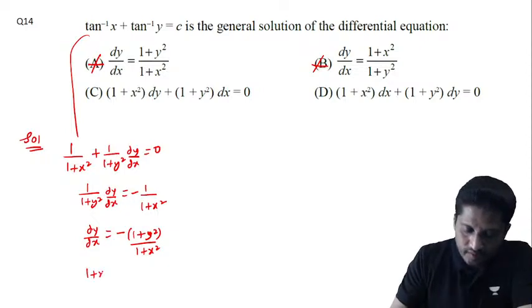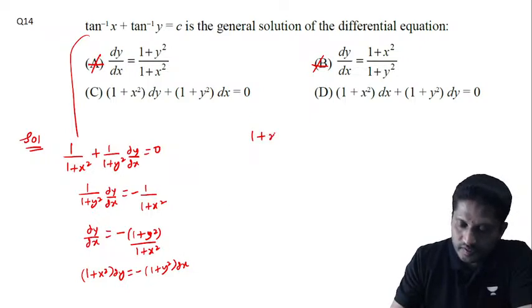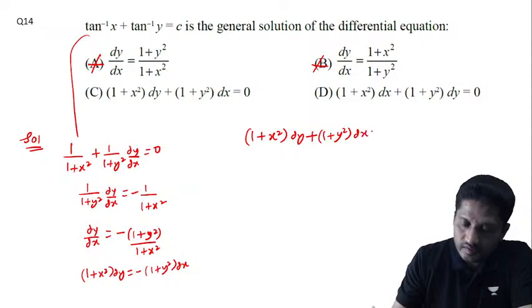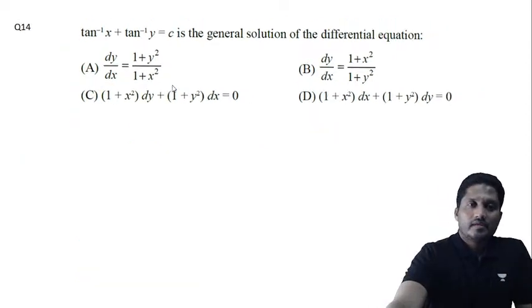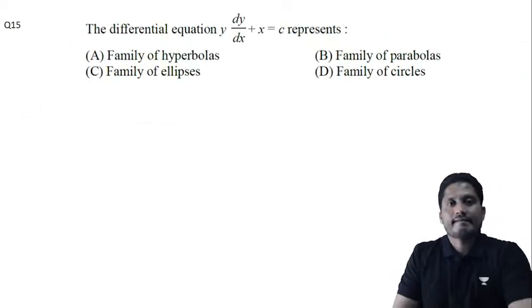If I cross multiply, 1 plus x square into dy is equal to minus of 1 plus y square into dx. So this is 1 plus x square into dy, that minus you shift here, it will be 1 plus y square into dx, is equal to 0. Answer is option C only. Let's move to the next question.